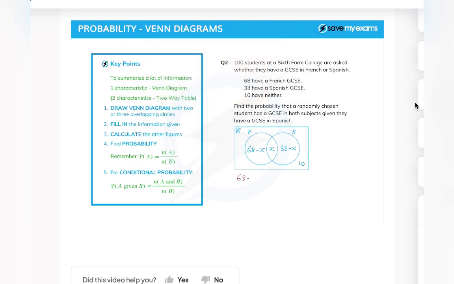So I can say 68 minus X plus X plus 33 minus X plus the 10, so that's all four regions, must total 100.